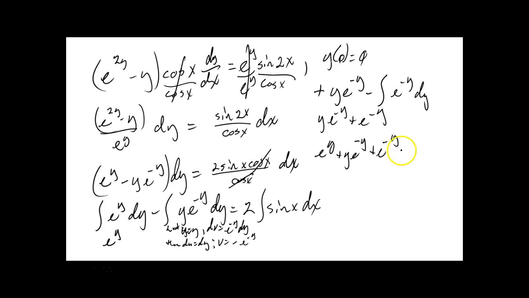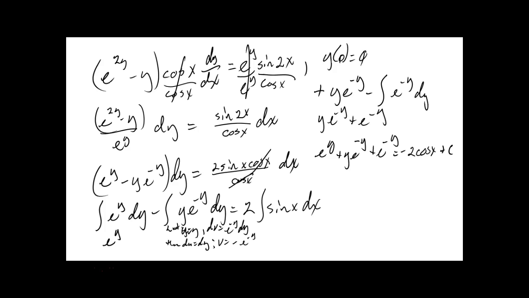Right-hand side is minus 2 cosine x. It's equal to, I left off my equal sign, equal minus 2 cosine x, and then we can put a plus c there if we want to.